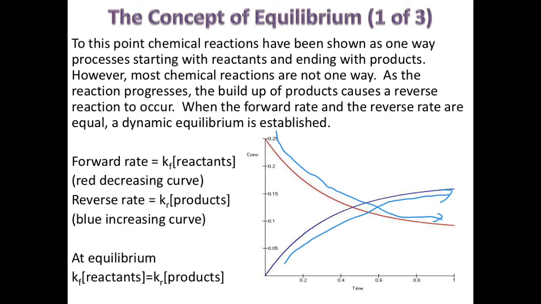That is where equilibrium occurs. As a result of that, we get the following. The Kf, the rate constant for the forward reaction, times the concentration of the reactants equals Kr, which is for the reverse reaction, times the concentration of the products.